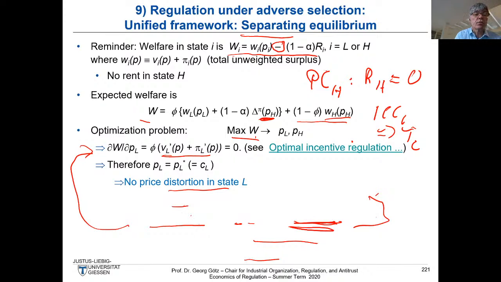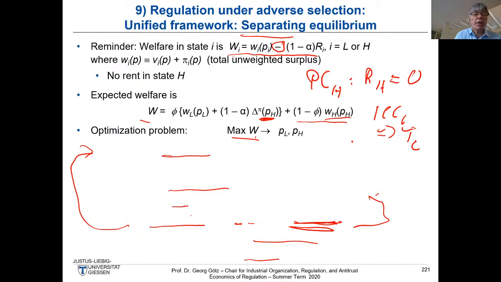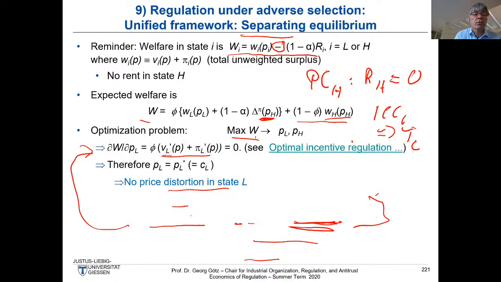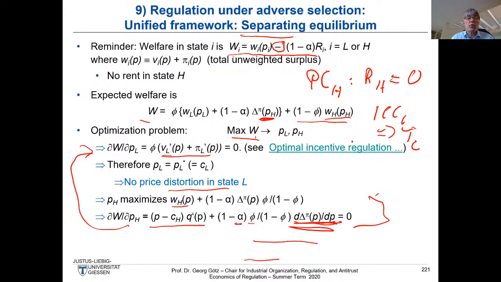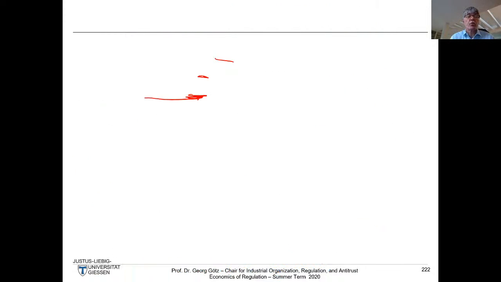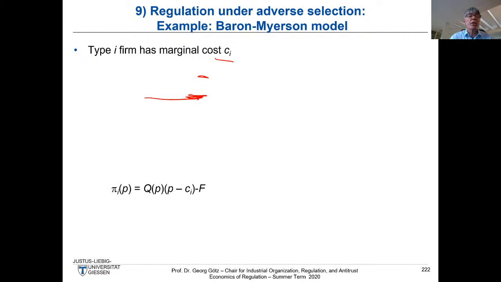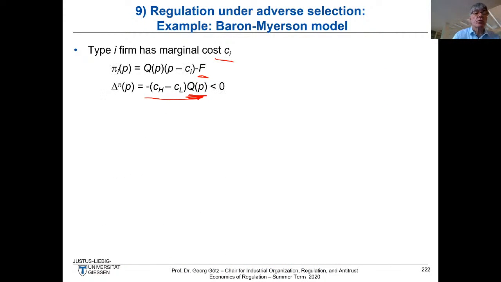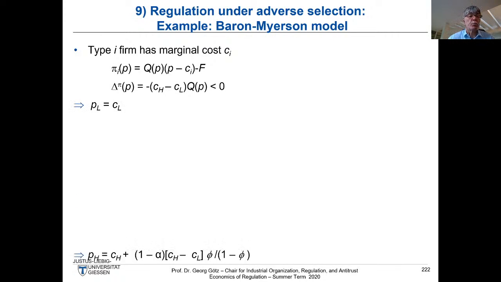If you substitute that, you just take the derivative and substitute it in this condition, and you just get the result. Of course, that's what you will actually do in the tutorial. You can just substitute all these in the welfare function and then derive the optimum.